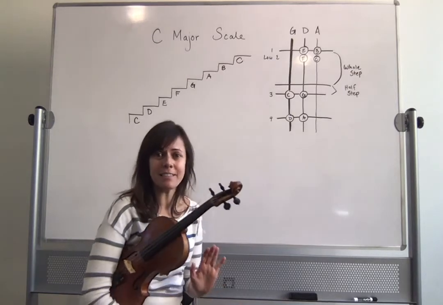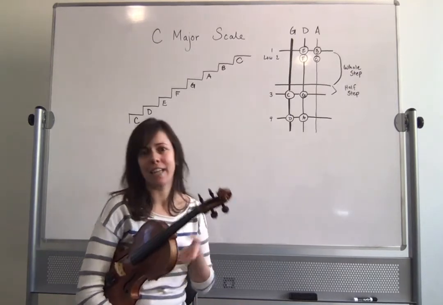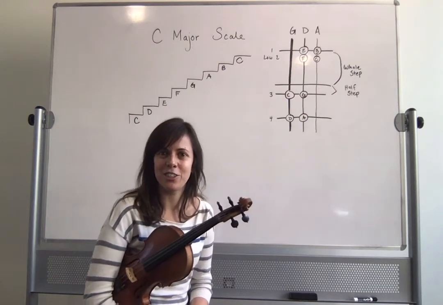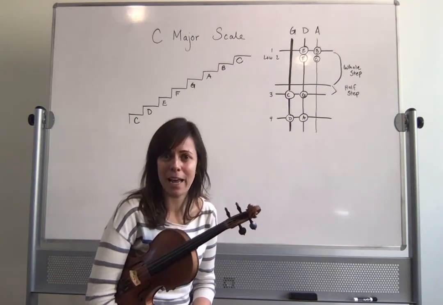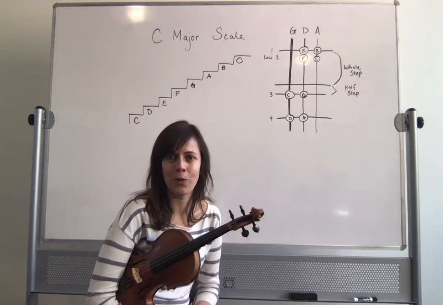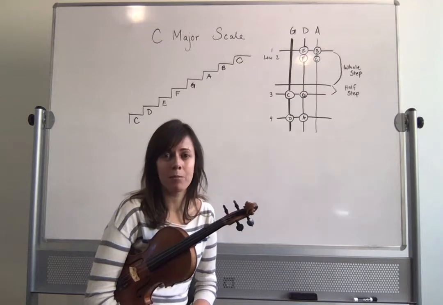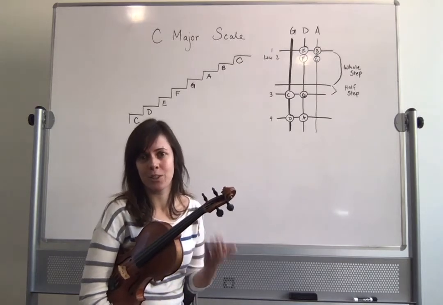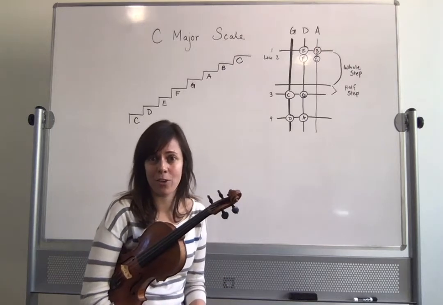Your C major scale should actually sound very similar to the D and the G scales. It's the same pattern of notes, but just starting on a different pitch. So that's the way the scales work. Let's try playing the scale instead of playing my turn, your turn. Let's try playing it together all the way through.